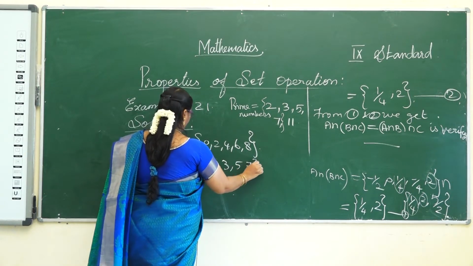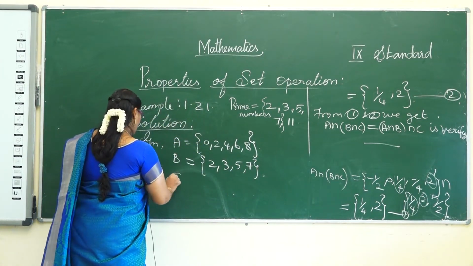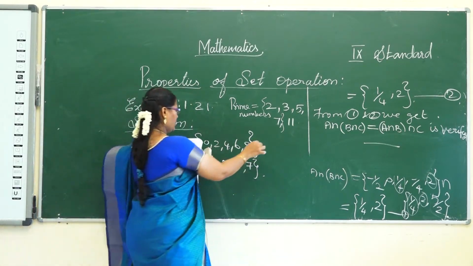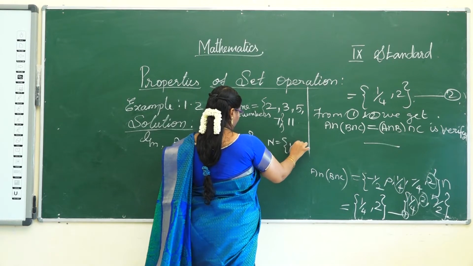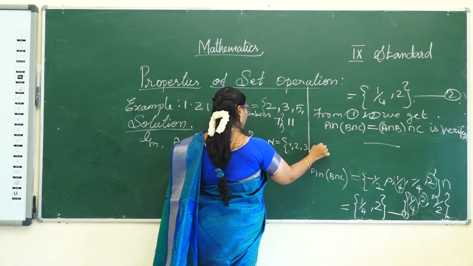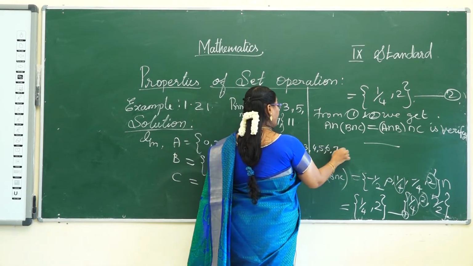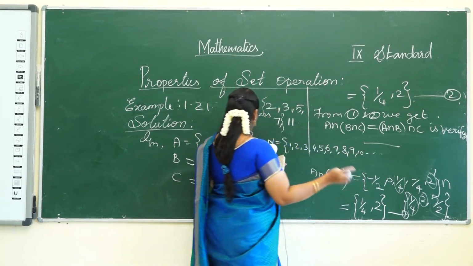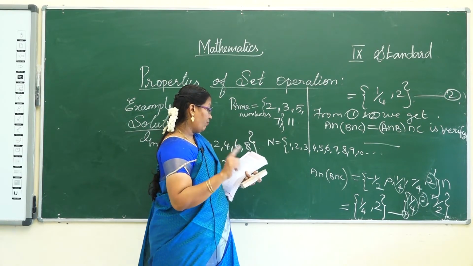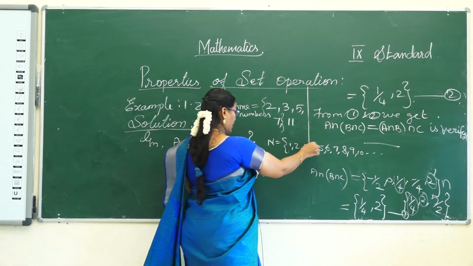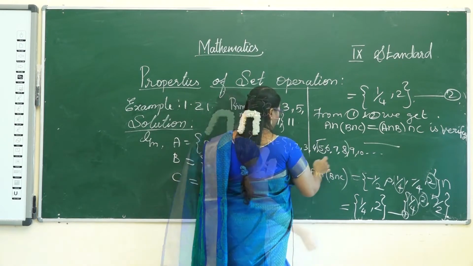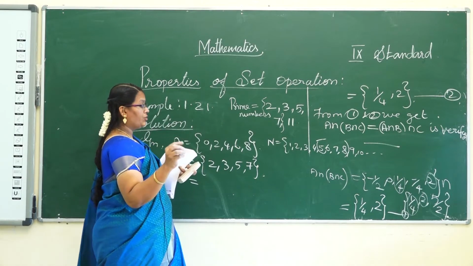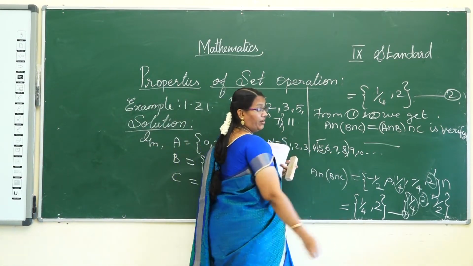Okay. And then C is x such that x is a natural number. Natural numbers start from 1, 2, 3, 4, 5, 6, 7, 8, 9, 10, going on endlessly. Here the condition is given between 5 and 9. If less than or equal to were given, you should include the value 9.